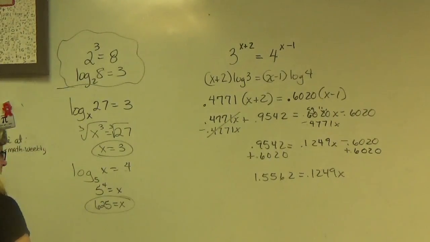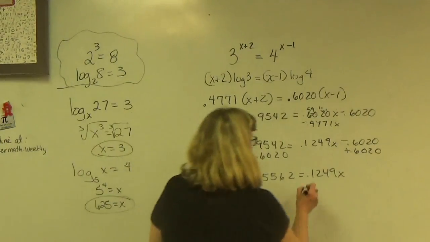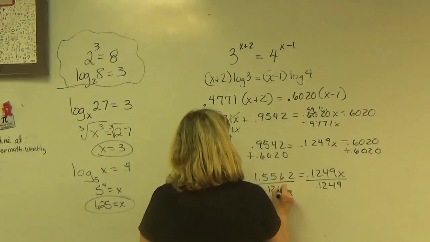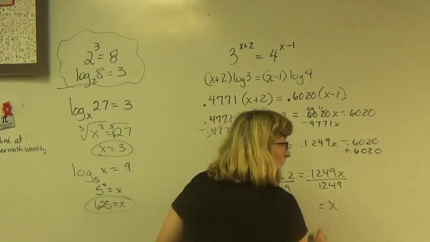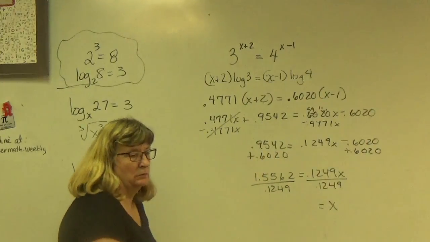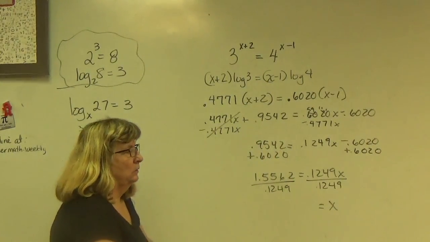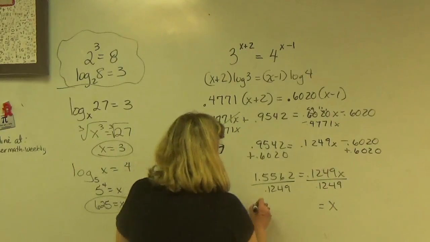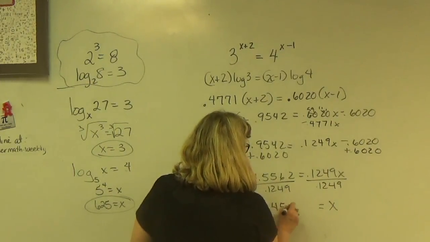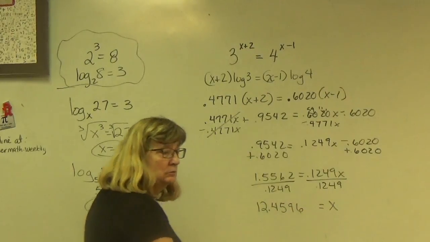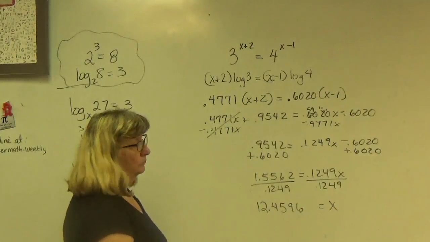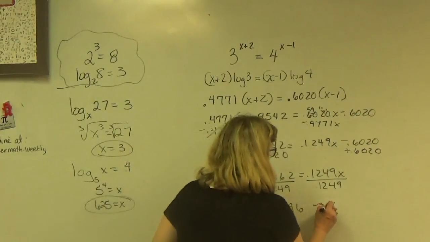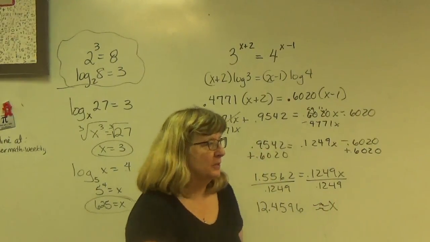And then divide by 0.1249. So somebody tell me what you get. 12.459. Anybody else get that? Would you want us to put the approximated sign on that? Yeah, that would be approximate. If you didn't put it, I wouldn't count it against you, but that's what it is.